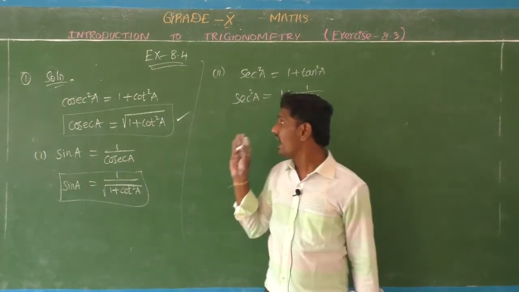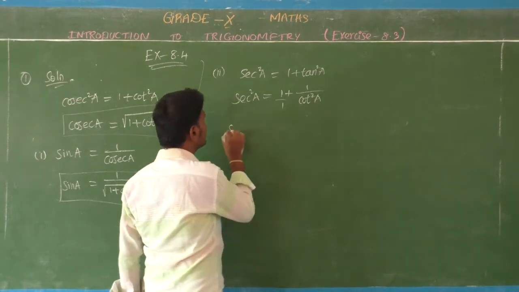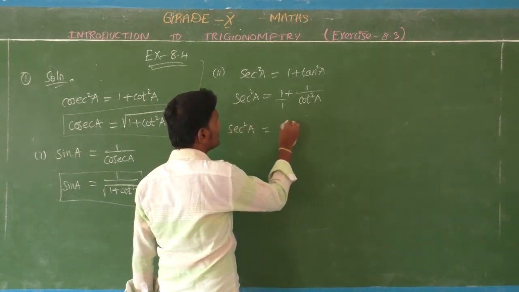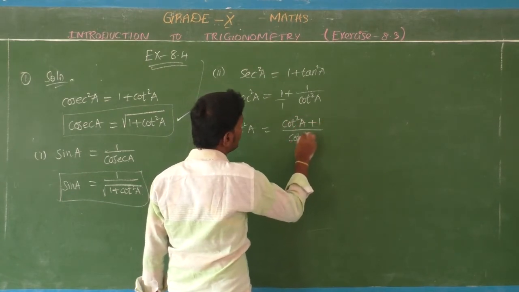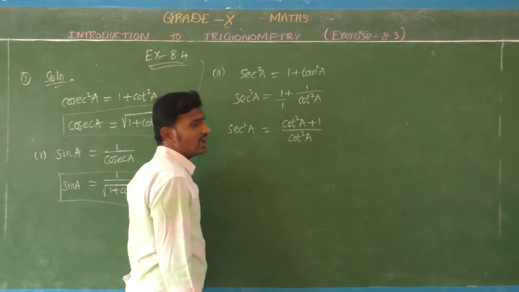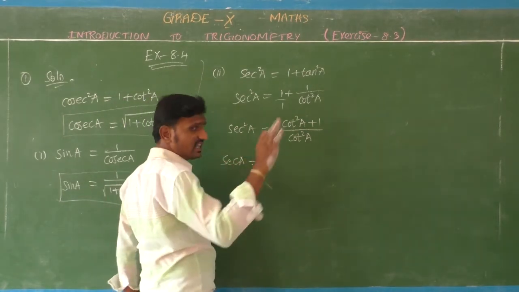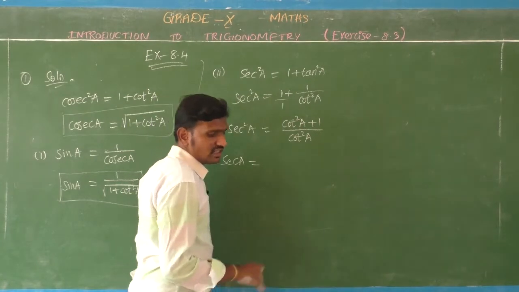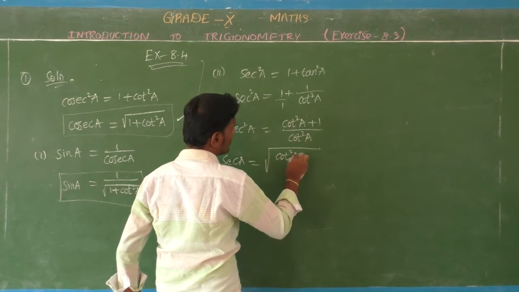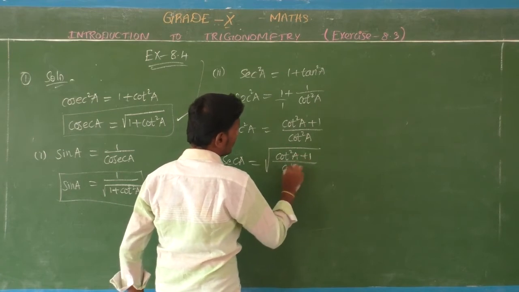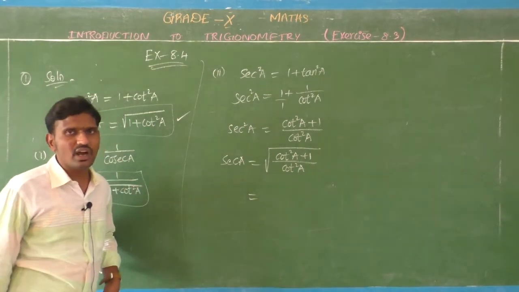Okay, now I need to take a cross multiplication of this to get secant square A, which is equal to cot square A plus 1 by cot square A. Suppose you need only secant. Yes, they are asking secant theta only, no? So secant theta is equal to the square root of cot square A plus 1, the whole divided by cot square A. We need it in terms of cot A only, no?